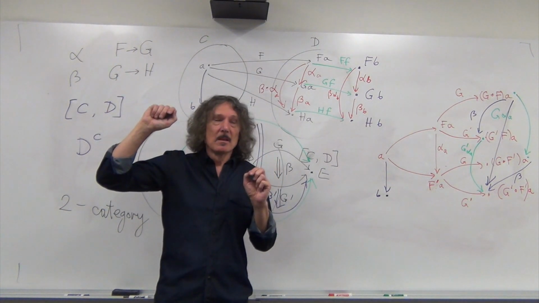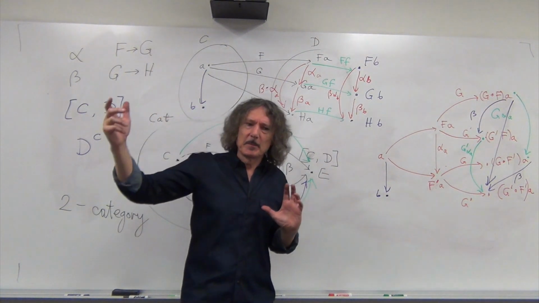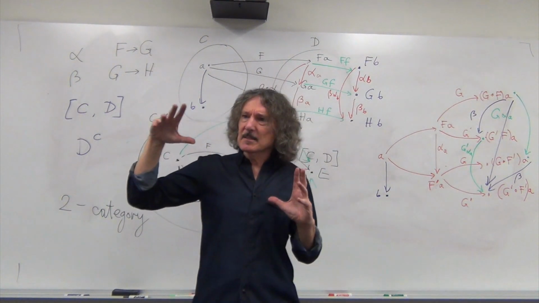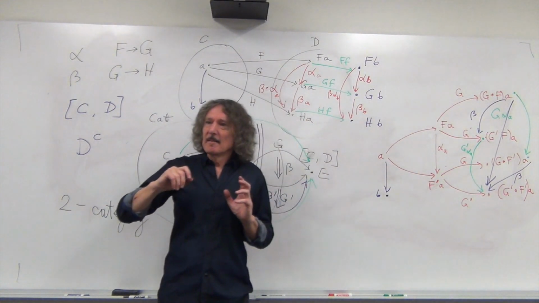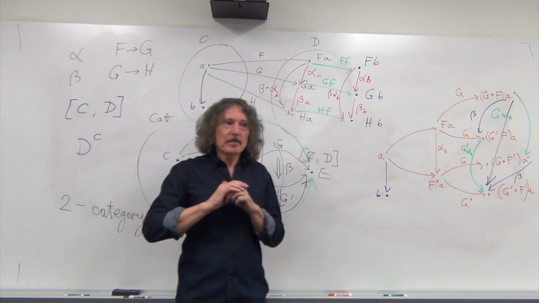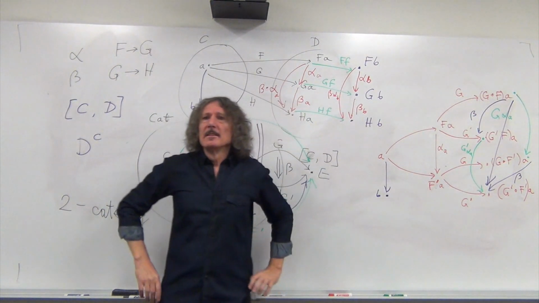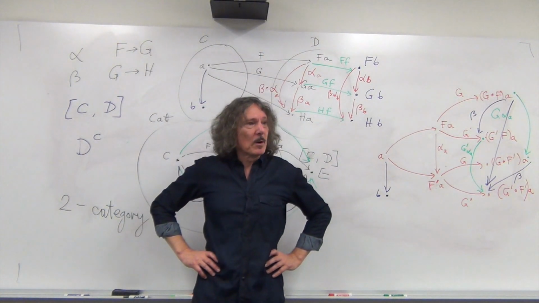So these were all equalities of morphisms. And because hom sets were sets, equality made sense, because it's just equality of elements in a set. But in general, we don't like sets, and we don't like equality.